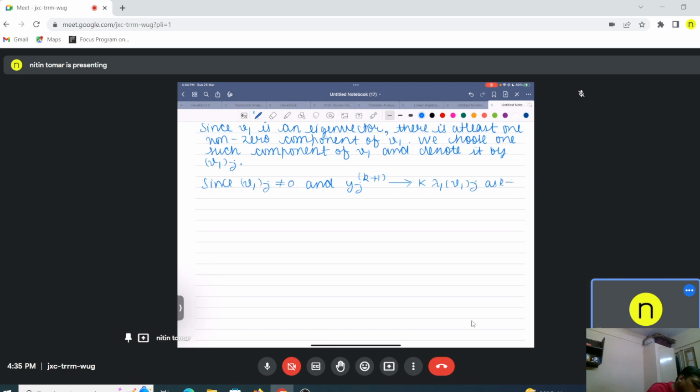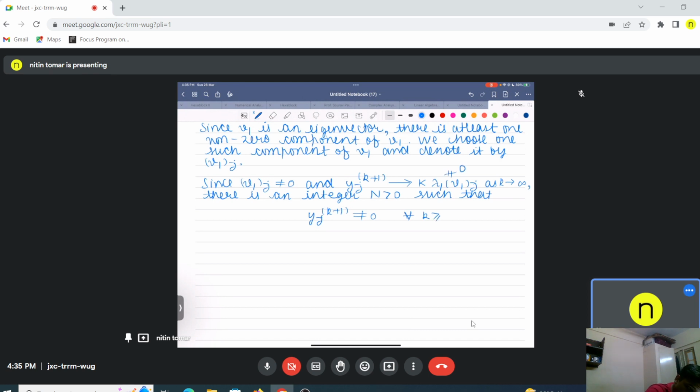It precisely means that there is a positive integer capital N such that yjk plus 1 is non-zero after a certain stage, because if no such stage exists, then this would be 0, but this is non-zero.